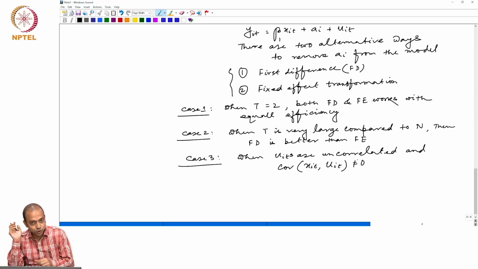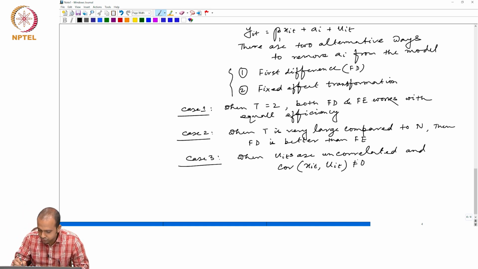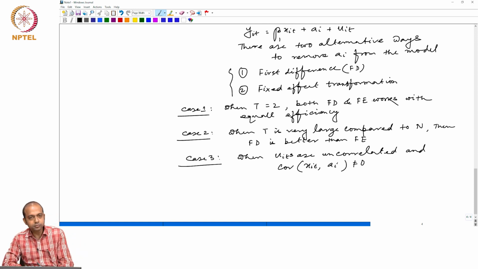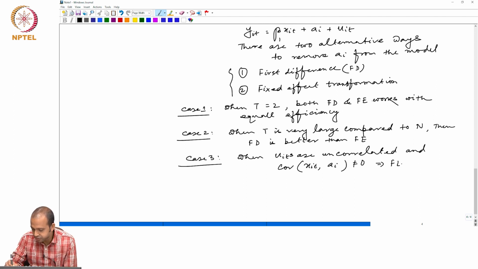So, that means we assume that this is AI. When UITs are uncorrelated and this XIT, the explanatory variable, is correlated with the unobserved heterogeneity, then FE is better.